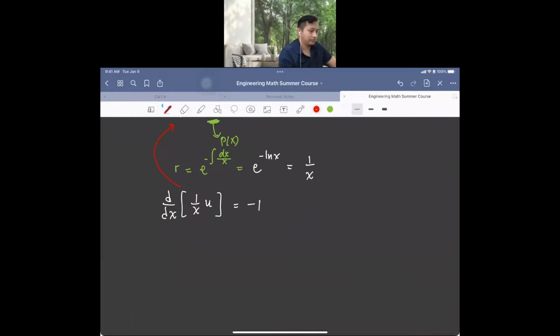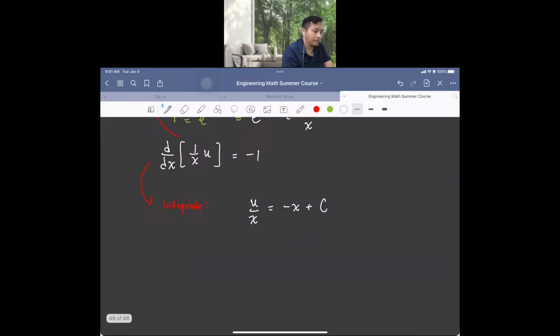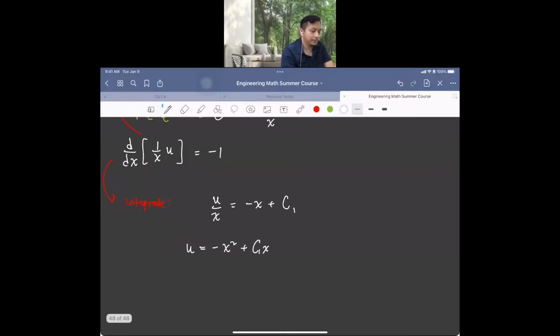Okay, integrating, so integrate, this will give you u over x equal negative x plus a constant, and this will be negative x squared plus, let's say, c1 x.